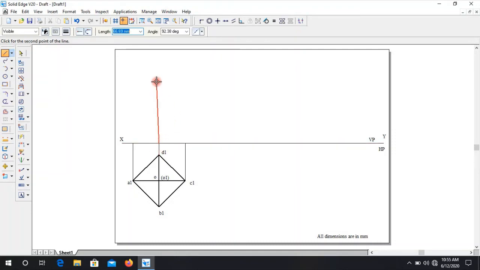From the center I will take the height. Remember, in case of a pyramid, you have to take height from the center or along the axis line, while in case of a prism, you can take height either from the center or from here also. Since this is a pyramid, I will take height from the center. In case of all prisms as well as pyramids, you can take height along the axis line or along the center.